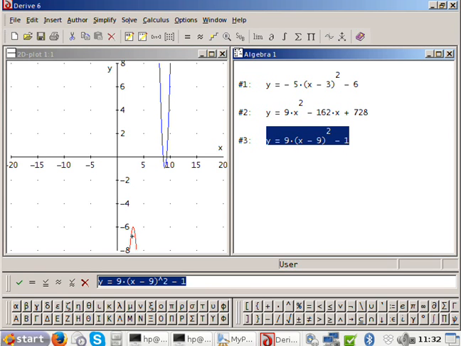If I put a big value of x in and I square it, what do I get? I get a big value. So I want to make the square minimum. So what x makes that the smallest? X is 9, because then when x is 9 you get 0. So the answer here is 9 for x and -1 for y.